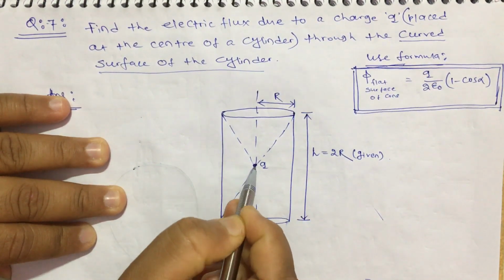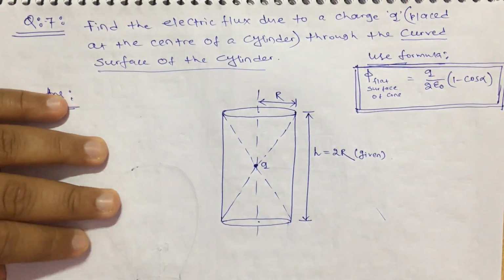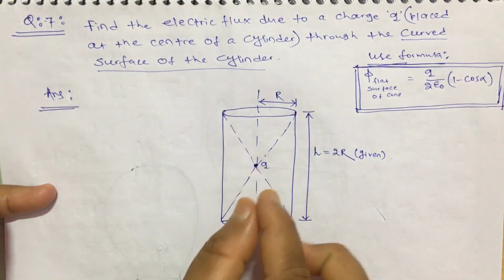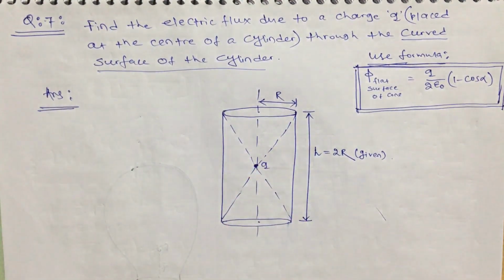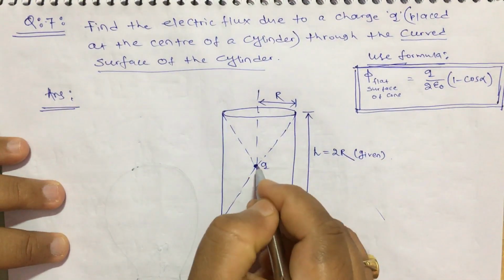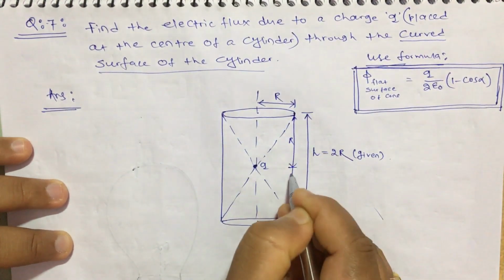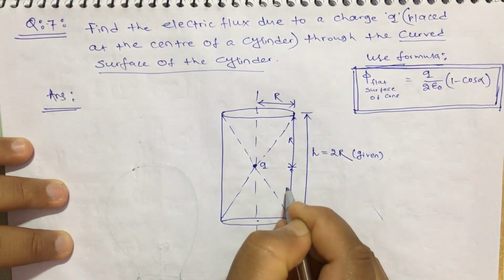Now if it is a cylinder, you can assume that this part will make a cone and this part will also make a cone, and obviously if the charge is at the center, this distance is going to be r and this distance is also going to be r.